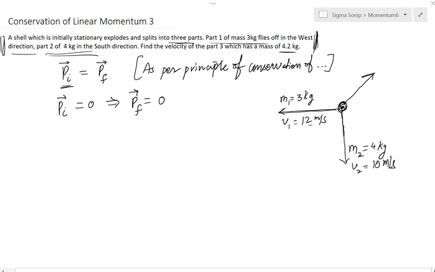Now Pf is the final momentum after the explosion. After the explosion we got three pieces here. Each of them will have its individual momentum.